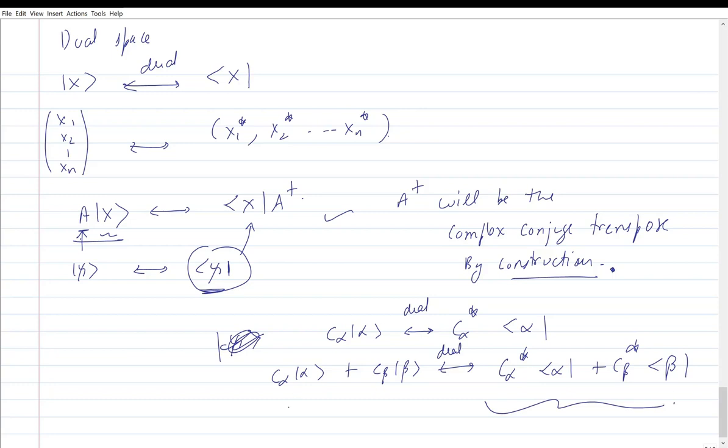These guys, the vectors over here are the column vectors, the vectors over here are the row vectors, and if I consider two vectors, let's come to the inner product. So consider two vectors. I represent the inner product as this guy.